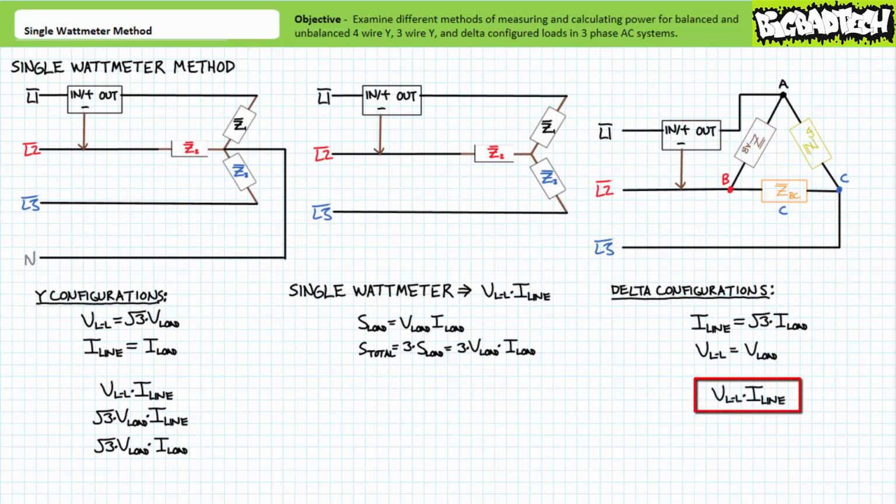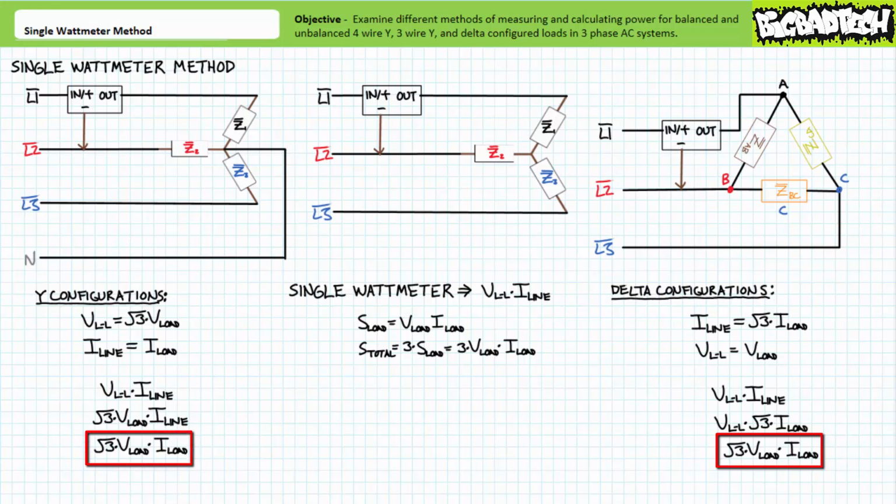The single wattmeter is again measuring line-to-line voltage and line current. For balanced delta configurations, line current is square root 3 times load current. For balanced delta configurations, line-to-line voltage is load voltage. Both occasions result in the single wattmeter method indirectly measuring square root 3 times load voltage times load current.